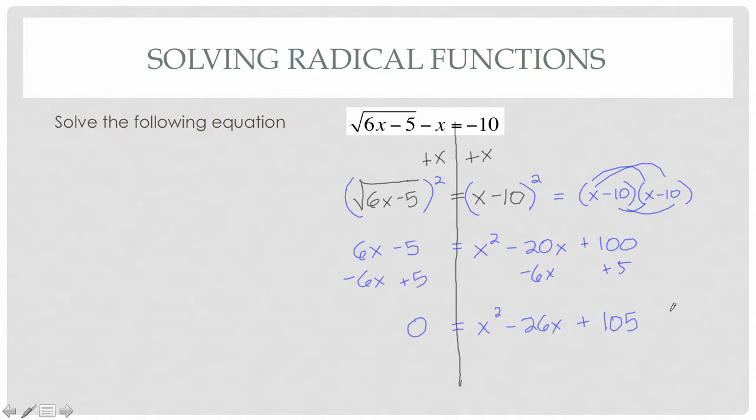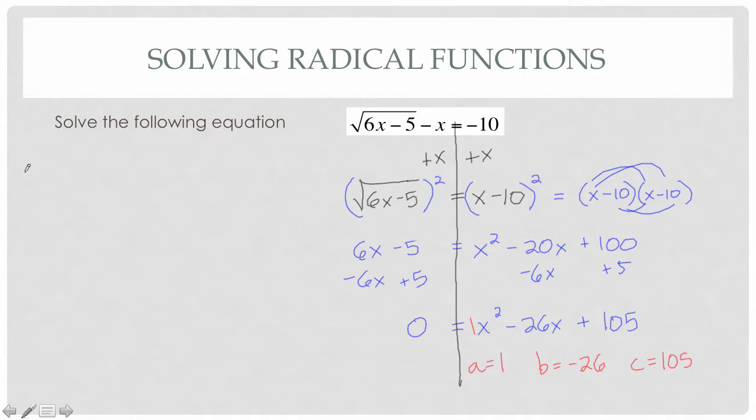All right, I'm just going to go ahead and use the quadratic formula. A, in this case, my leading coefficient, is 1 for the x squared. B is going to be negative 26, and C is going to be 105. Got some big numbers to work with, but that's okay.